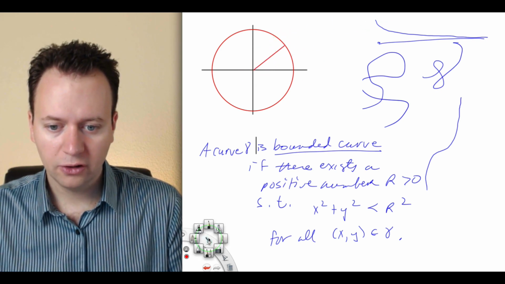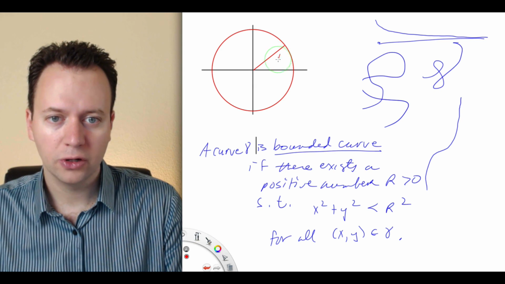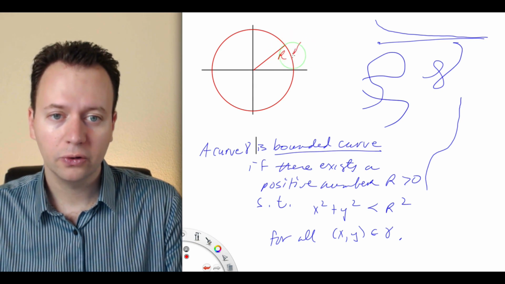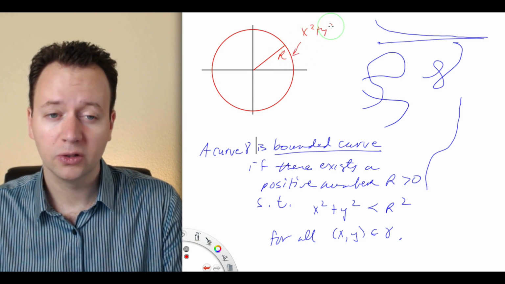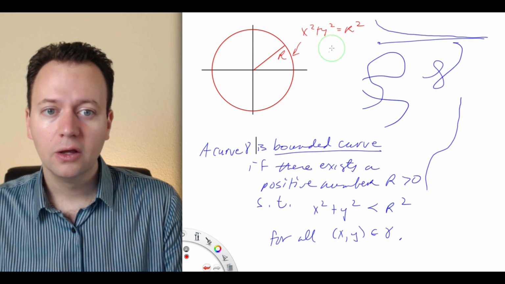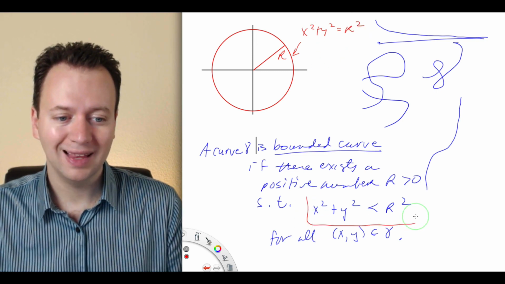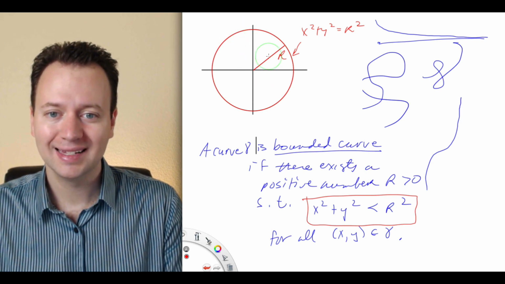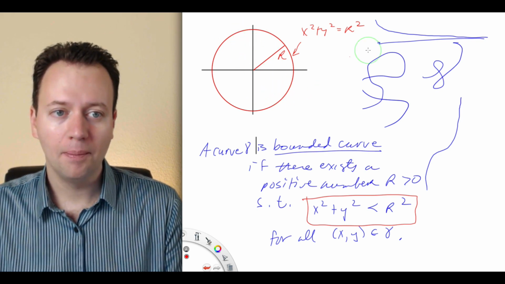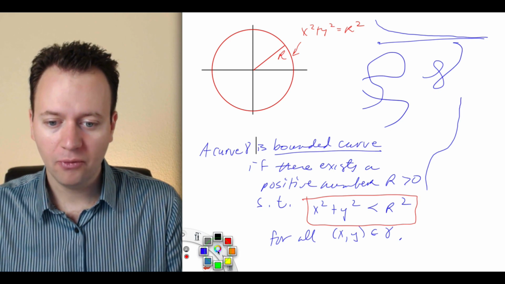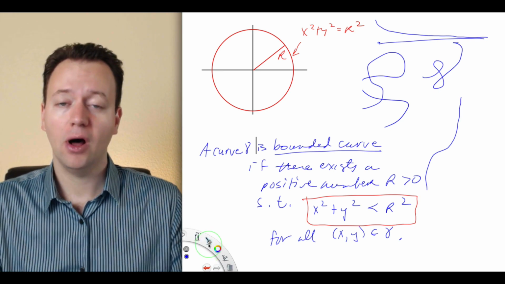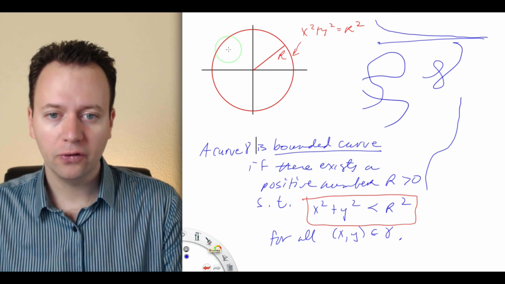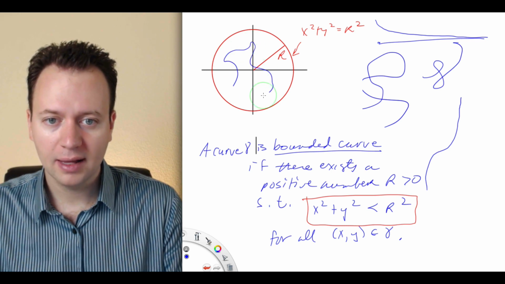If you imagine a circle centered at the origin of radius r, the circle is described by the equation x squared plus y squared is equal to r squared. So x squared plus y squared less than r squared is the interior of this circle, the inside portion. Now, a bounded curve just means that for some finite positive value of r, your curve is never going to get beyond that radius.